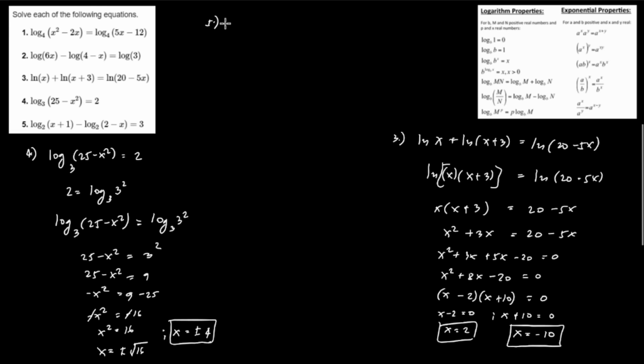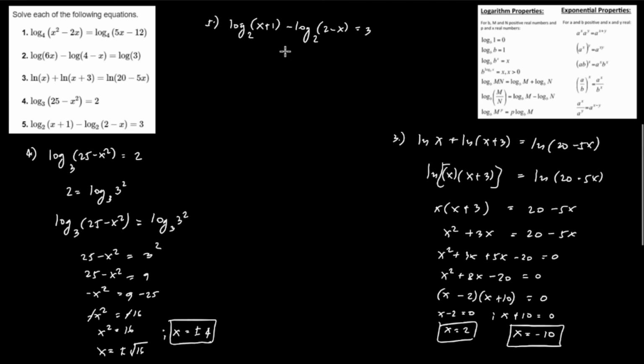Number 5. Log of x plus 1 with base 2 minus log of 2 minus x with base 2 is equal to 3. We have two terms of log with base 2, and based on the logarithm properties for subtraction, using the quotient rule, log of m over n with base b is equal to log of m with base b minus log of n with base b.